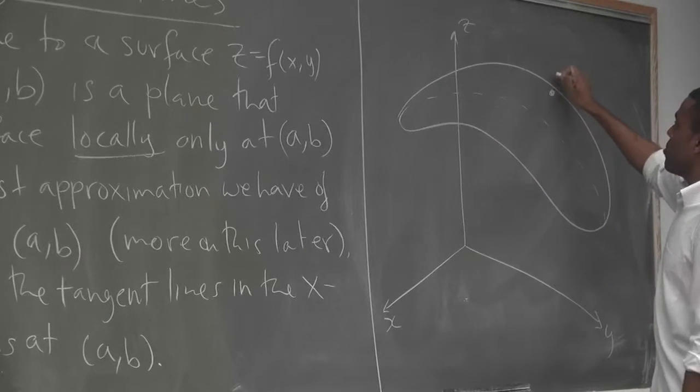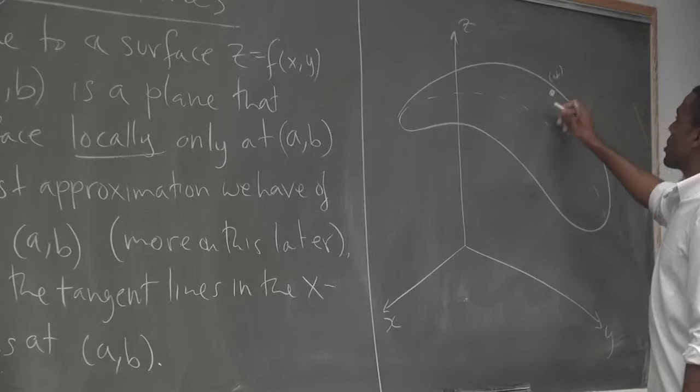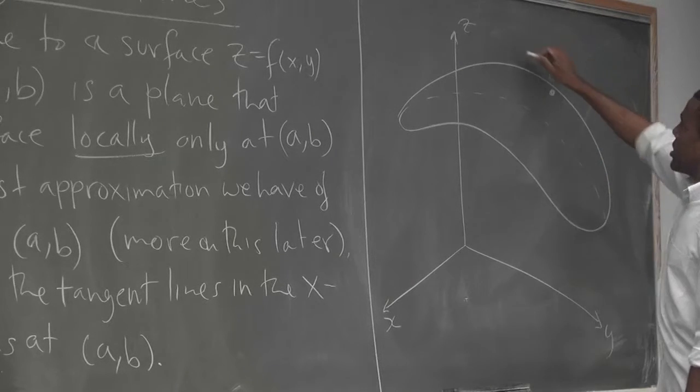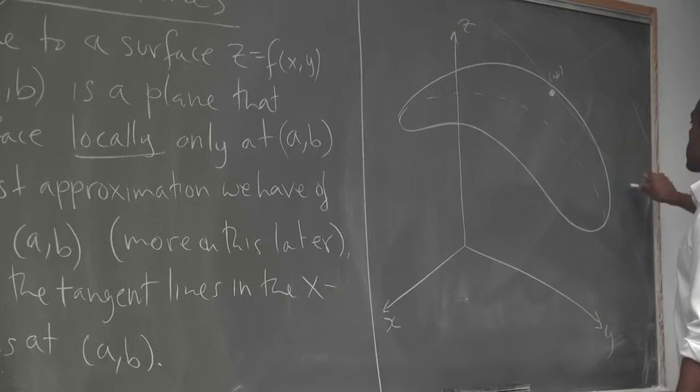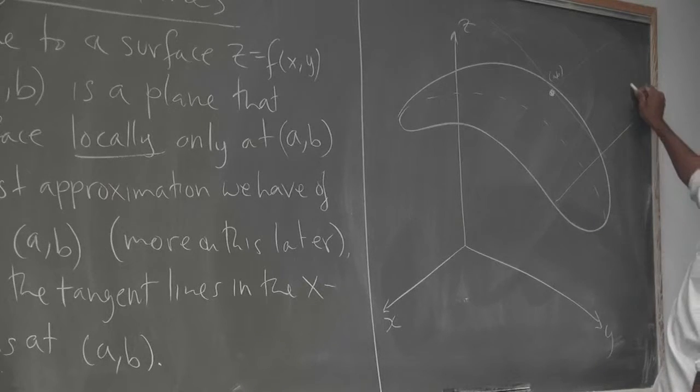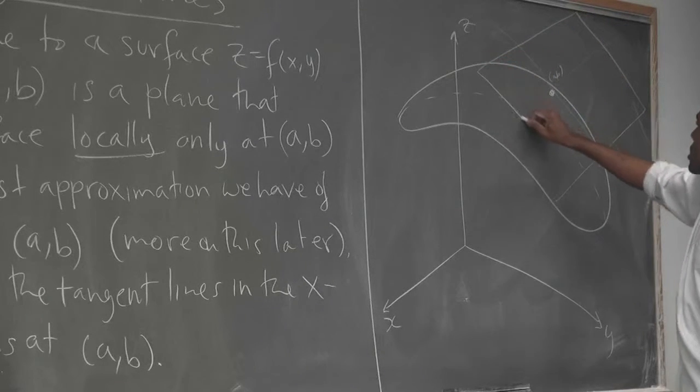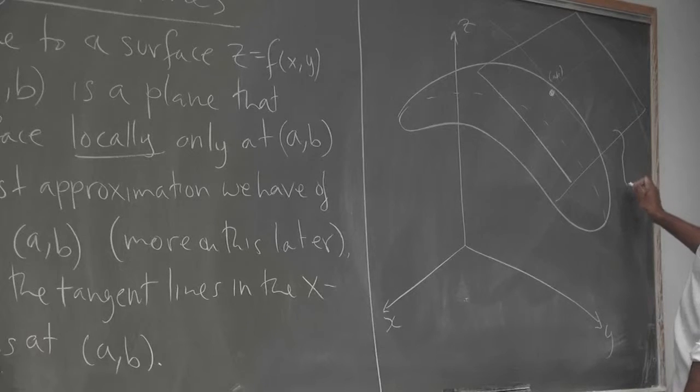So you're at the point (a, b), then you have the tangent lines in the x and the y direction. The plane that contains these lines is called the tangent plane.